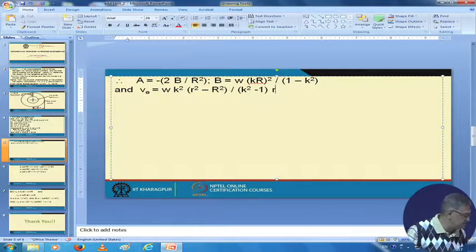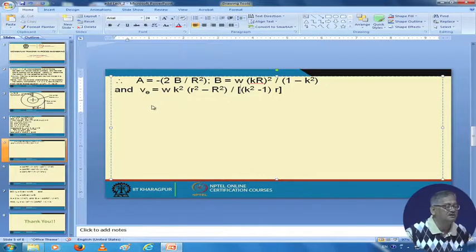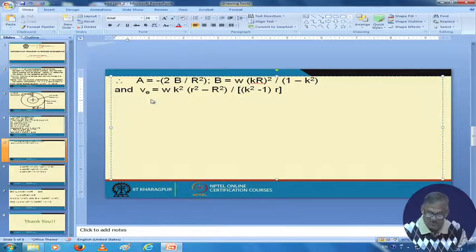So we write this in a third bracket, here also in a third bracket. So V theta is omega K square into r square minus capital R square by K square minus 1 into r.